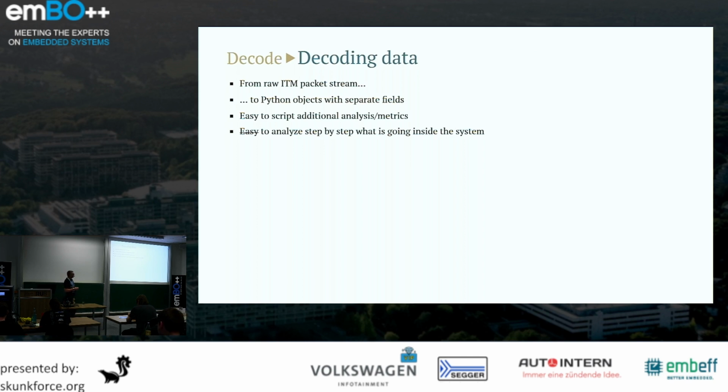So we went from a rough ITM data stream of bytes and converted it into Python objects with nice fields which we can understand. And this is the point when we could build some scripts or tools that do some automated analysis, get some metrics from the data, like how much time passes between switched out and switched in, what is the runtime for each task.